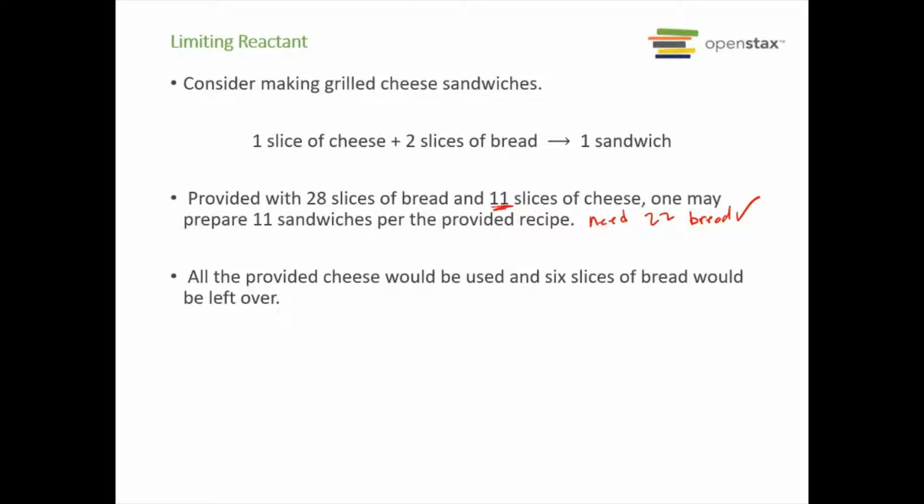Now, why can't we make 14 sandwiches? Well, unless people just want to eat a couple pieces of bread with nothing in between, we can't do it because we're out of cheese. Okay, so the cheese limits how many sandwiches we can make. So the cheese gets all used up and we get 6 slices of bread left over.